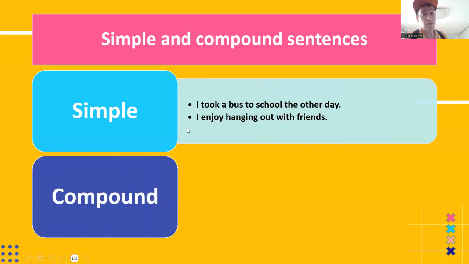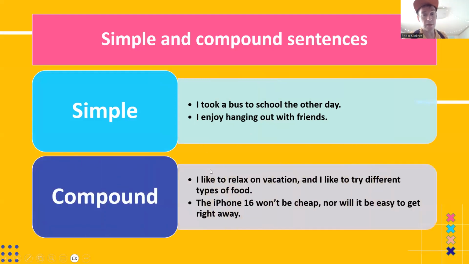Compound sentences combine two or more independent clauses using fanboys. I like to relax on vacation, and I like to try different types of food. The iPhone 16 won't be cheap, nor will it be easy to get right away. So we're combining two independent clauses to make a compound sentence.